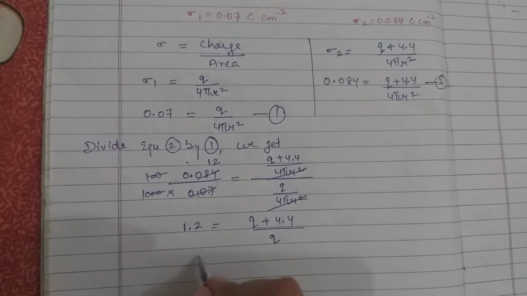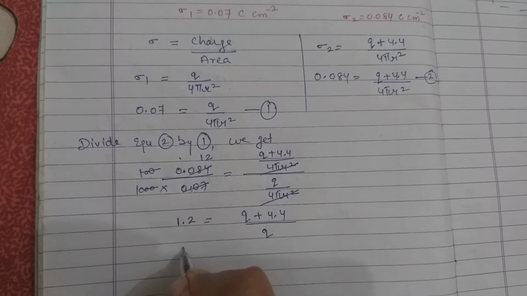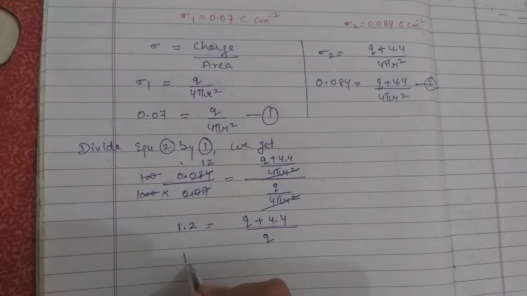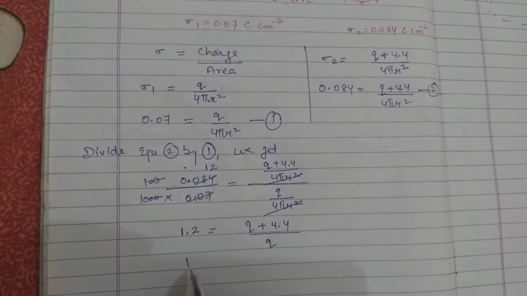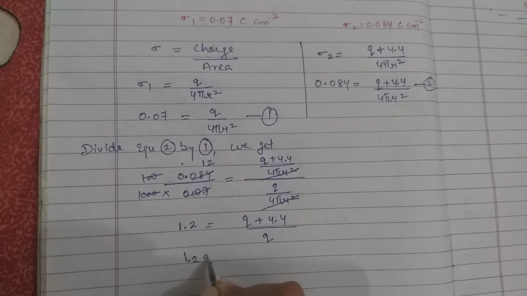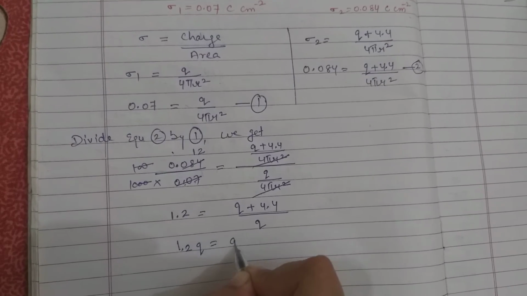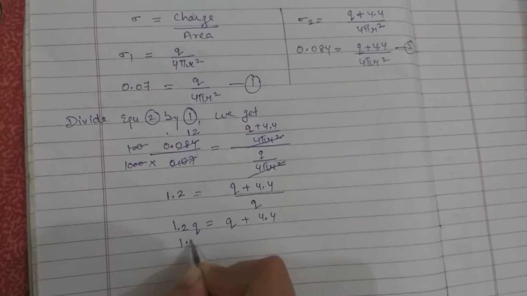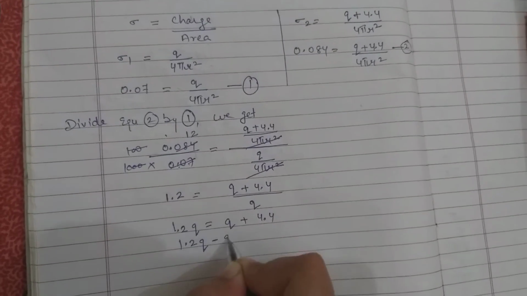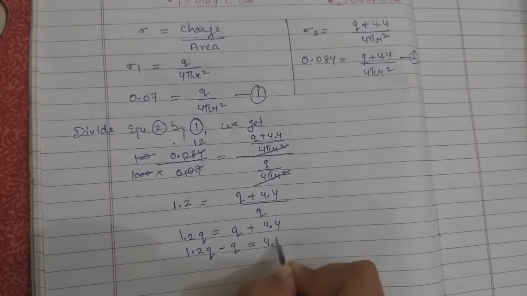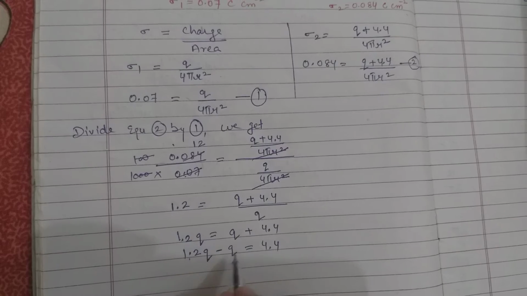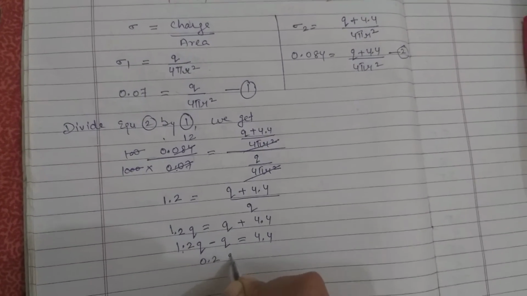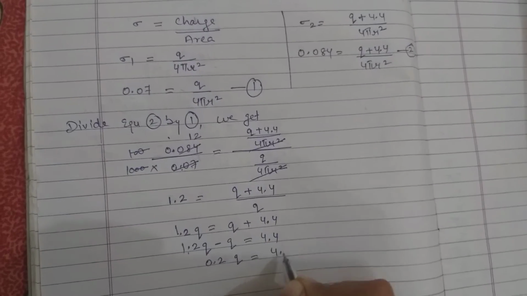By cross multiplying, 1.2 into q is equal to q plus 4.4. 1.2 q minus q is equal to 4.4. 1.2 minus 1, so it's 0.2 q is equal to 4.4.